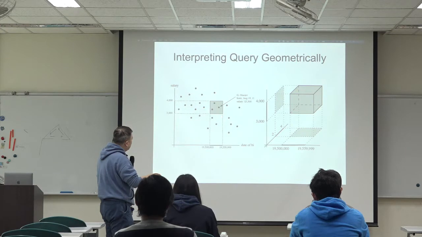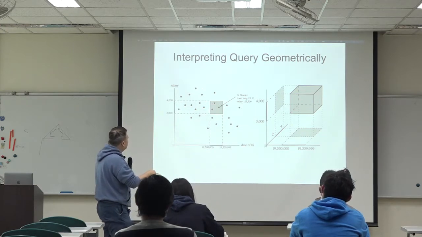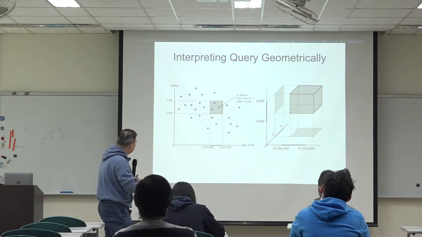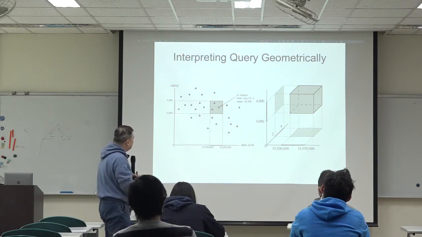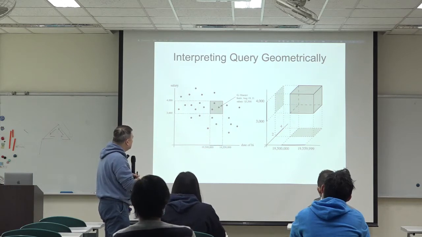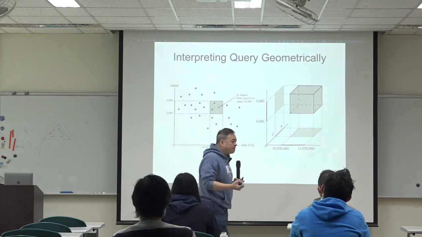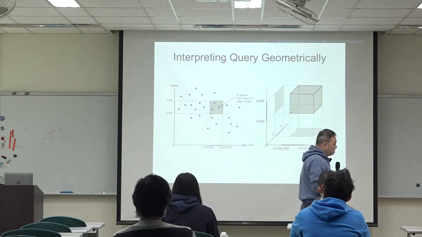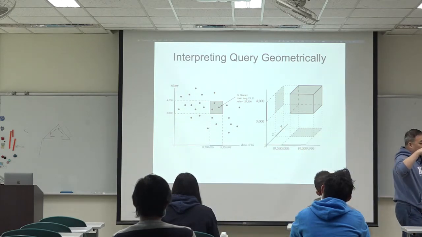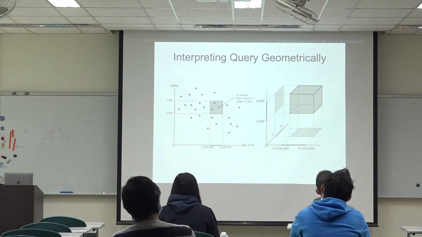So you can see that you can consider each employee as a point on this two-dimensional plane, and this query will be converted into finding the points in a rectangular region, right? So how can we efficiently do that?